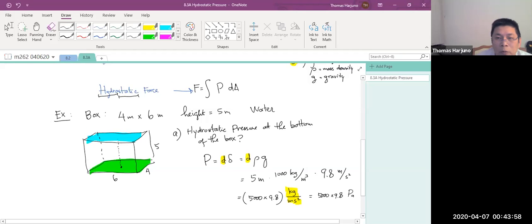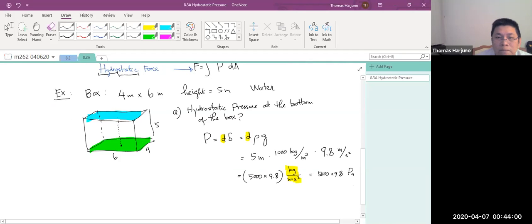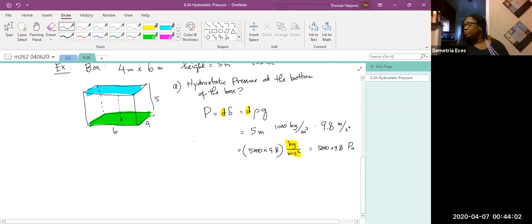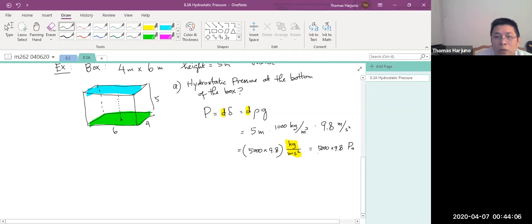That's the unit for pressure. Or you can say, if I compute this, I believe it is 49,000 Pascal, or equals 49 kilopascal.